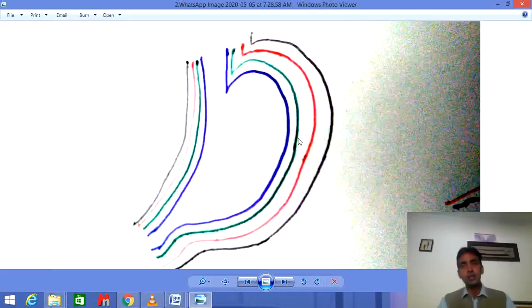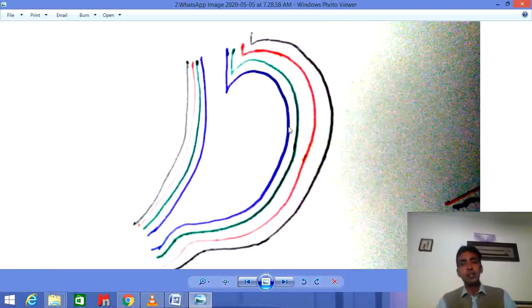The function of this layer is also to connect the mucosa and the muscularis. So the submucosa accommodates the blood vessels, lymphatic vessels, and the third one is the neuronal network, or nerve fibers.